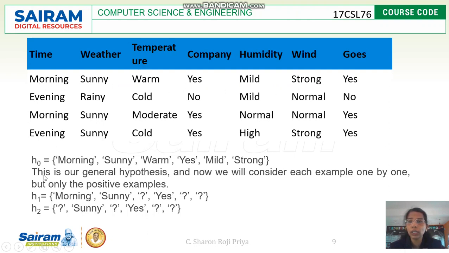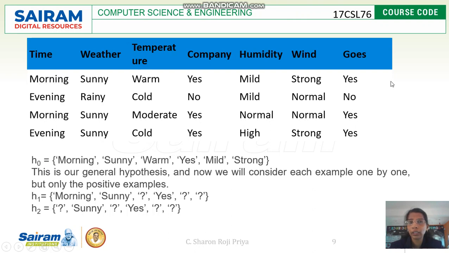Initially, H naught will be our general hypothesis. Out of these 4 instances, only 3 are positive examples and 1 is negative. I'll be considering only the positive and discarding the negative. So initially my hypothesis will be my general hypothesis.